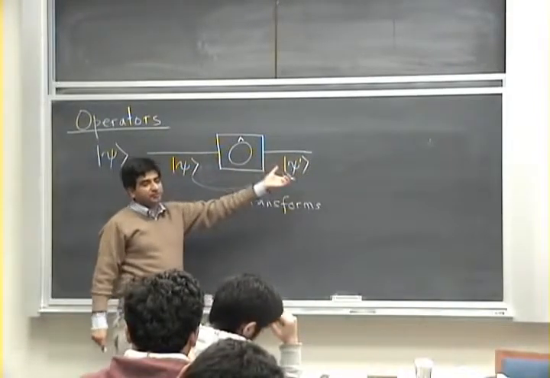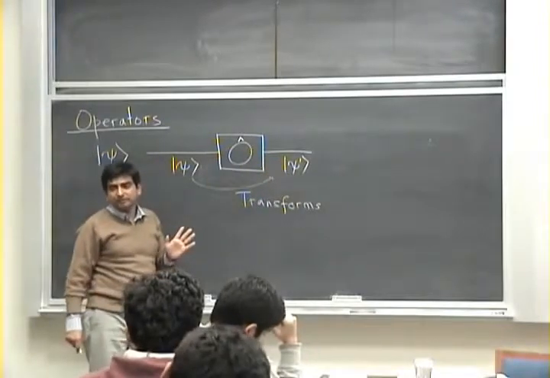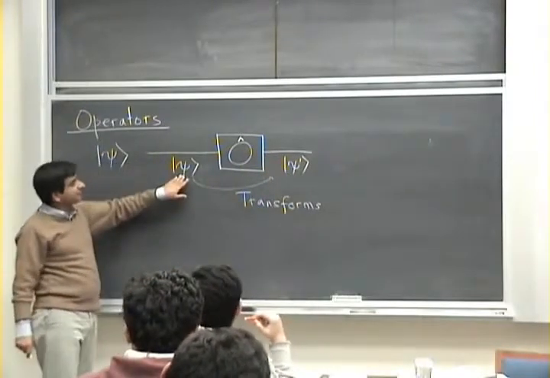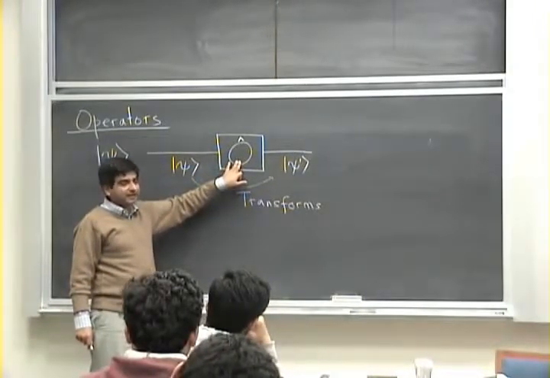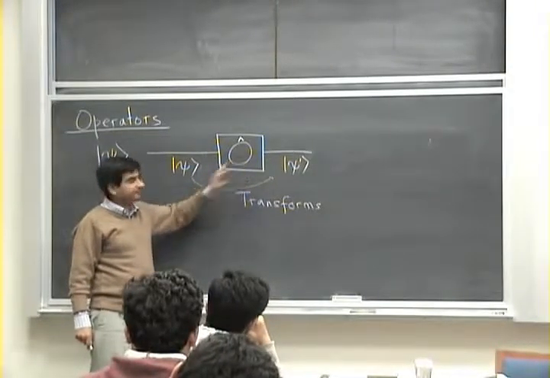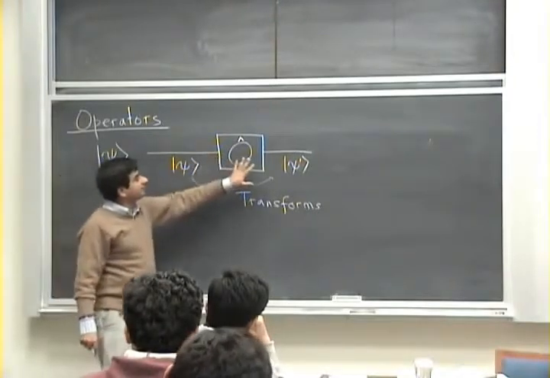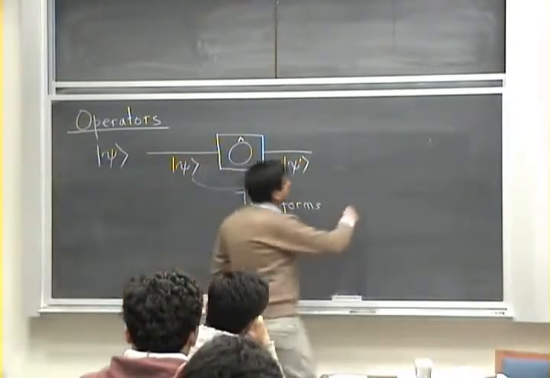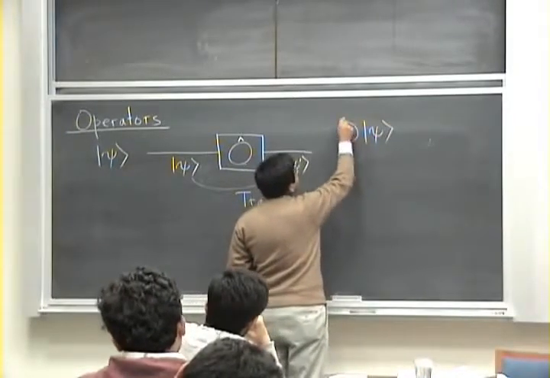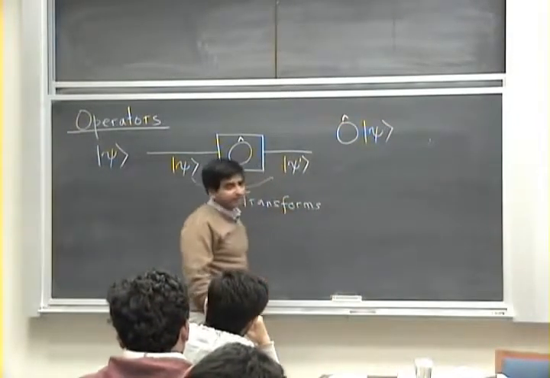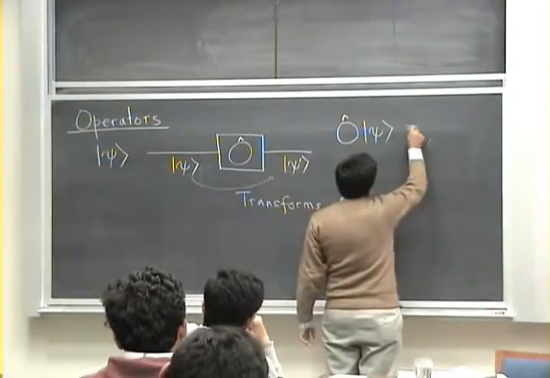The state has transformed under the action of the operator. Of course, if the state is represented by a column vector, the operator is represented by a matrix of the correct dimensions, of the correct size. And mathematically, this flow chart is represented by a quantum state psi, and an operator acts on the state to give you a new state.